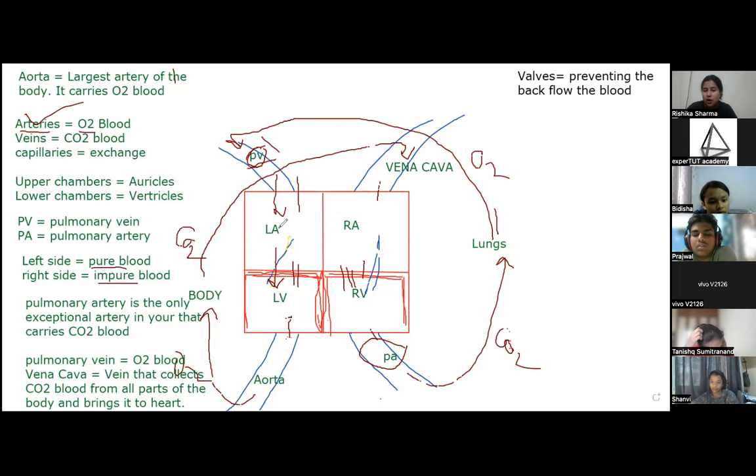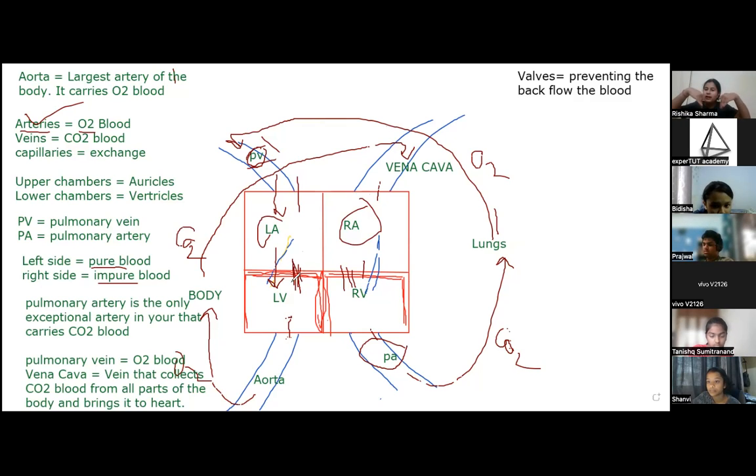So same way, when these auricles will contract, because of the pressure, the blood will tend to come down, it will automatically come down. So it will come down through these valves, through these channels.